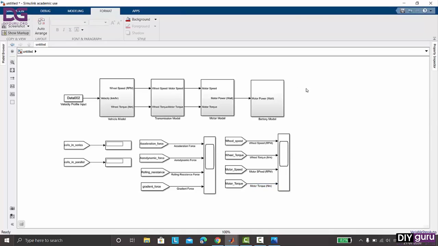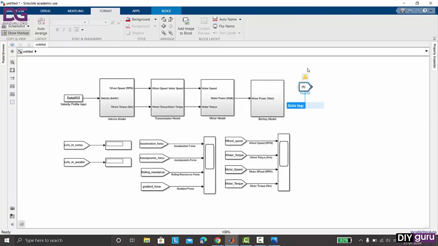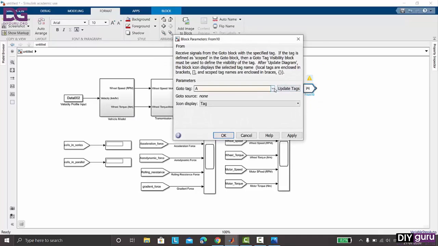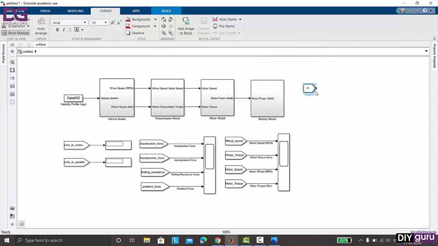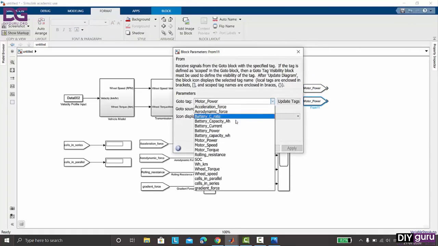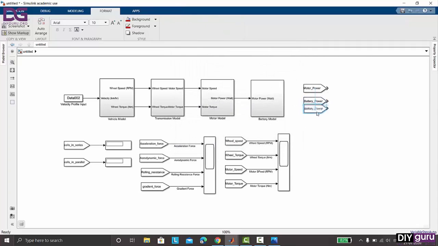We have to estimate the battery parameters. Again, insert the from block and give the name motor power. Copy the block and change it to the battery power.